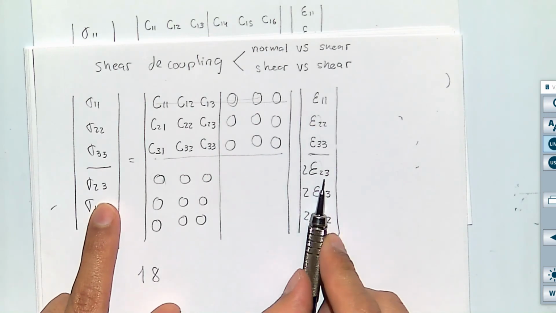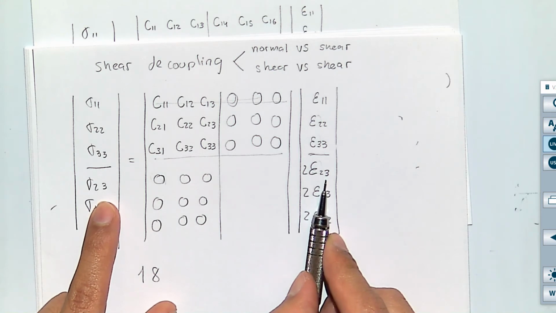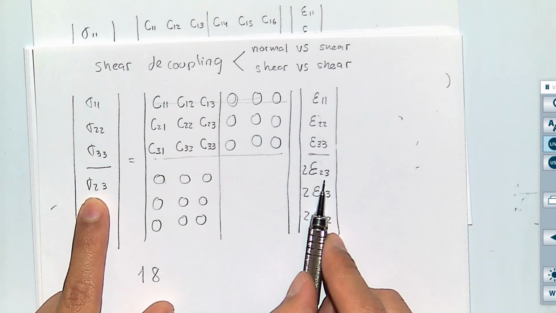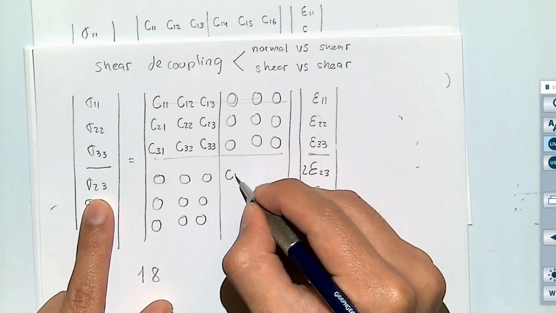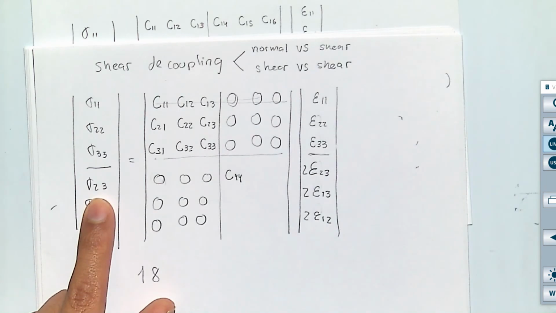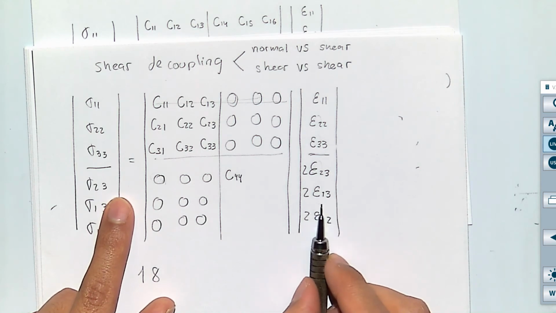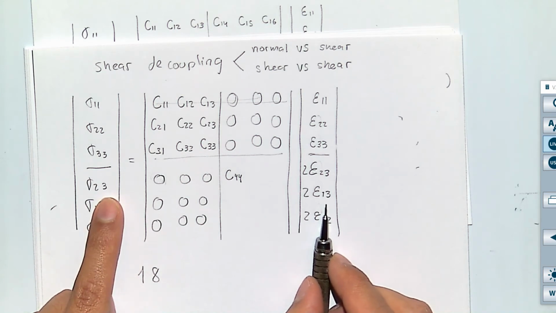If I have a strain in the plane 2, 3, I expect that that's going to be due to a shear stress in the plane 2, 3. So here I'm going to have an element C4,4. But do you think that a shear strain in the plane 1, 3 could produce a shear stress in the plane 2, 3?